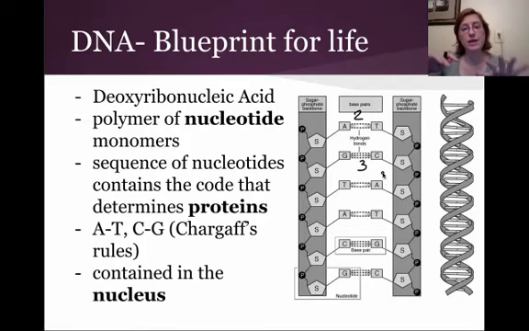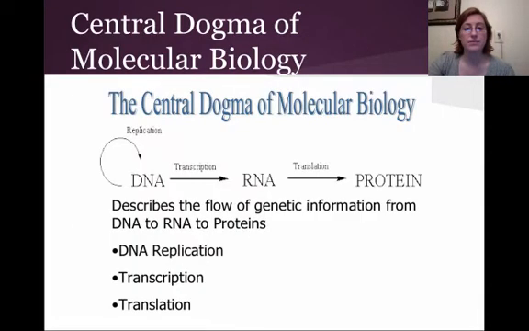So the different shapes of the structures of those nucleotides, of those nitrogen bases, determines how many hydrogen bonds are going to form between them. And last thing we know, DNA is always contained in the nucleus. The one exception is during interphase, when we are replicating our DNA.